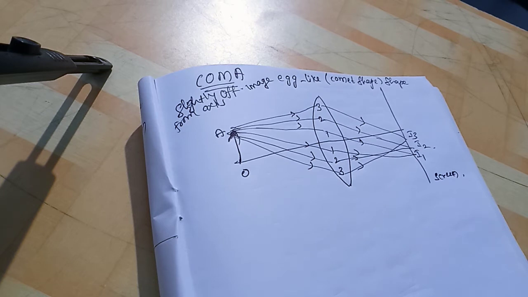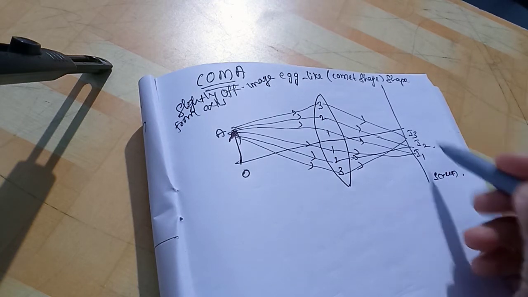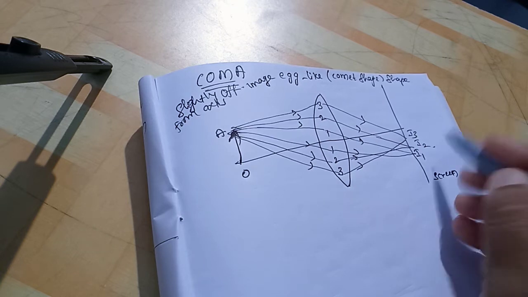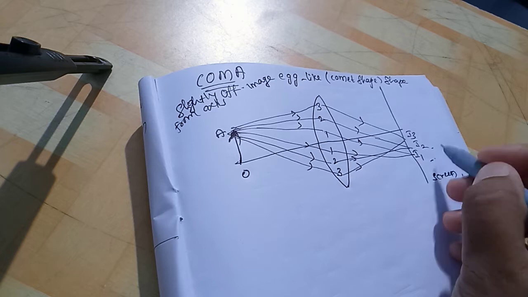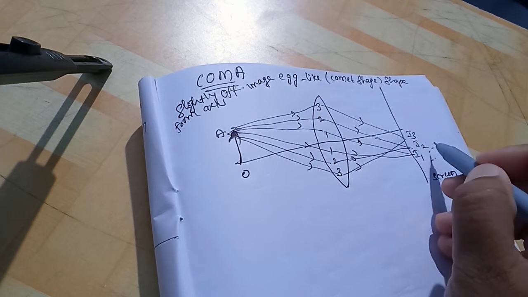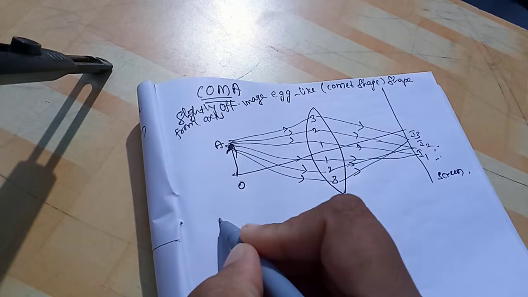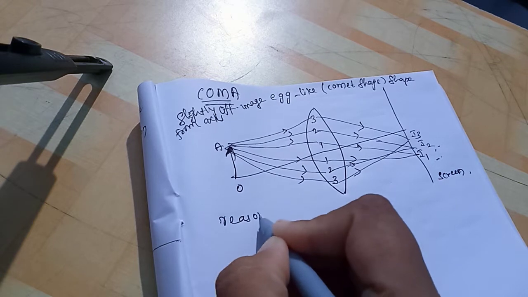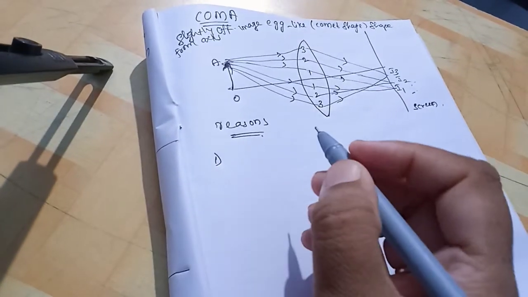From this explanation and diagram, we understand that the image is not in perfect focus. This defect we call coma. Then why does this coma arise? Two reasons are there.